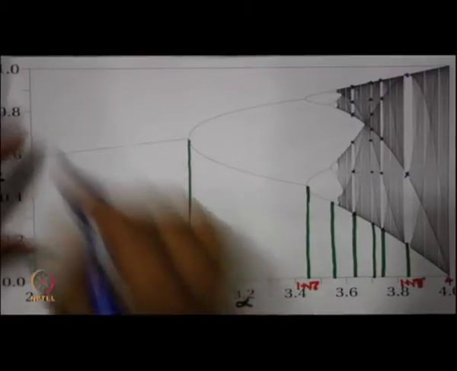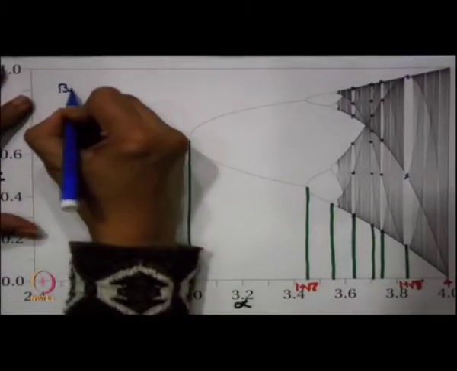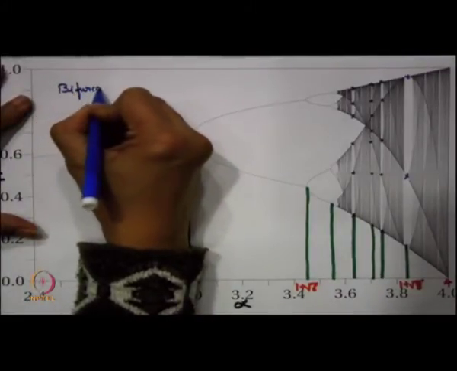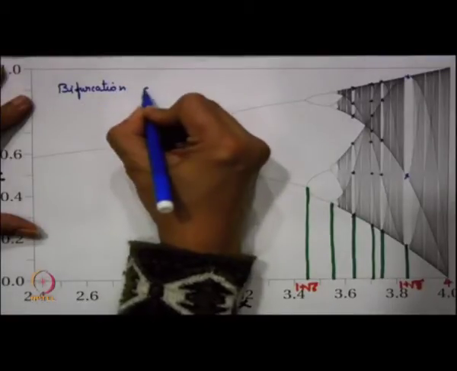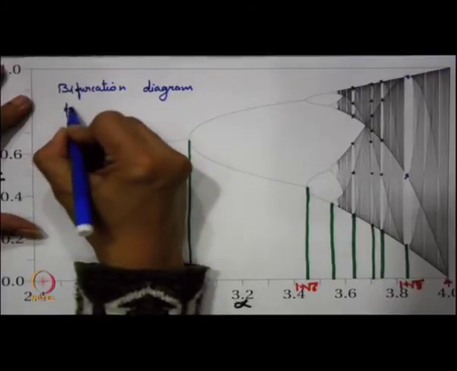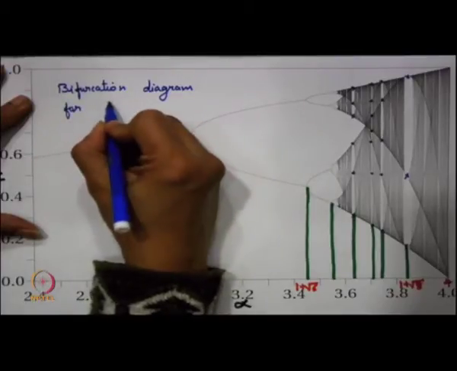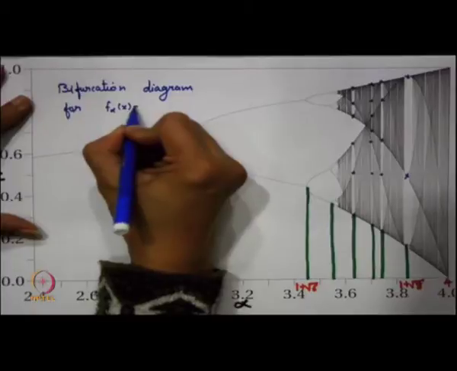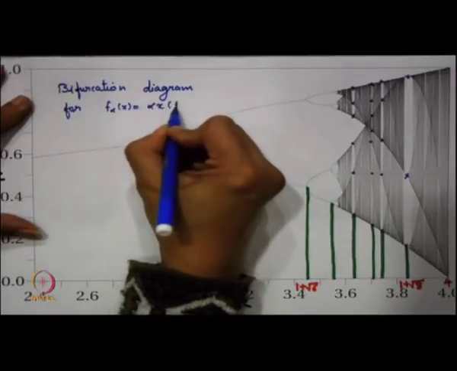Now, this is the bifurcation diagram for the logistic function, f alpha x equal to alpha x times 1 minus x.